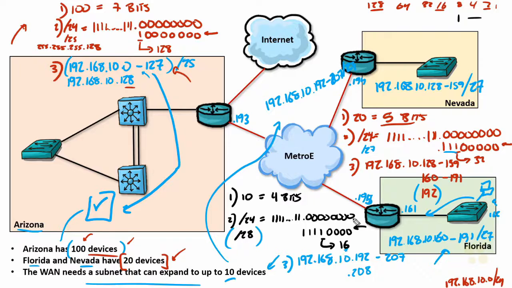Nevada, that's an even more likely one to expand because it's only 20, right? Office grows, you just blew up the whole subnetting scheme. So you would use the skill of VLSM in the real world like, okay, let's think about growth. Arizona might need a second subnet or a third subnet.